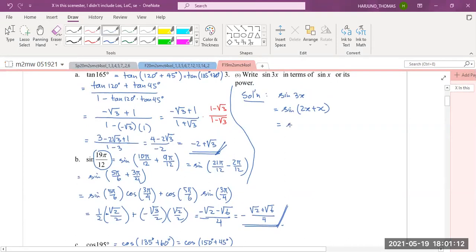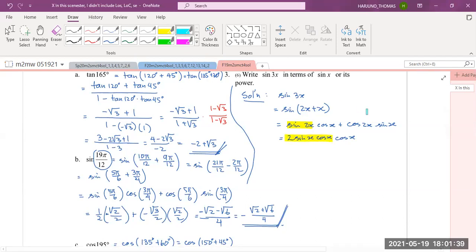So this is sine 2x cosine x plus cosine 2x sine x. This is 2 sine x cosine x times another cosine x, right? Okay, remember I marked it this way last time?